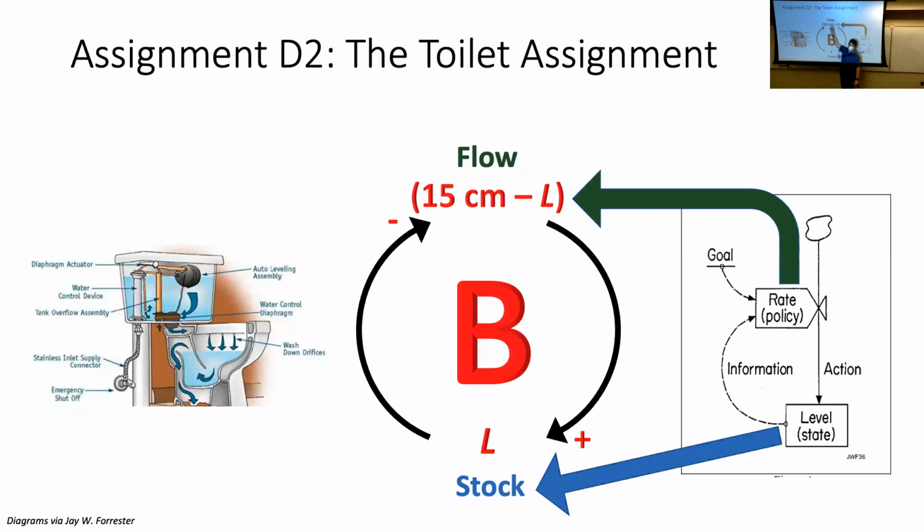So we just put this formula in our spreadsheet to simulate the action of this water control device, of this valve. And then what's the stock? It's just the water level, L. So we're going to put L in as our stock variable on that column. The flow column is going to have 15 minus the stock from that same row. And that's pretty much it.